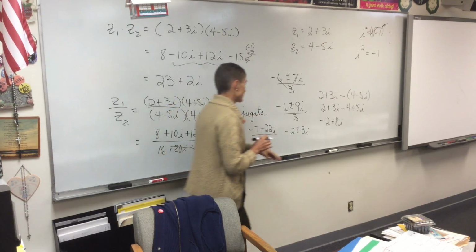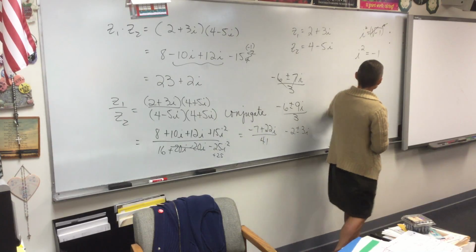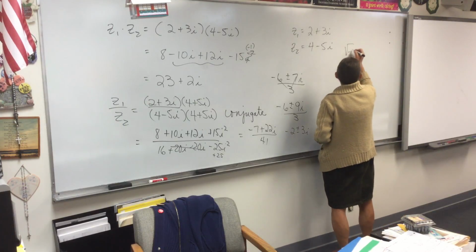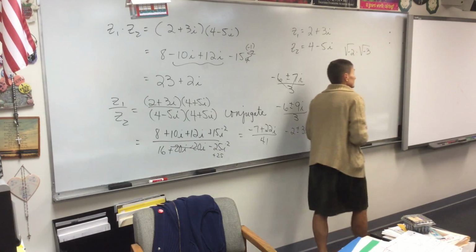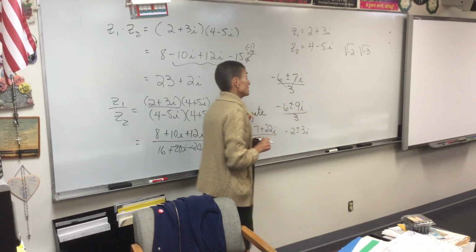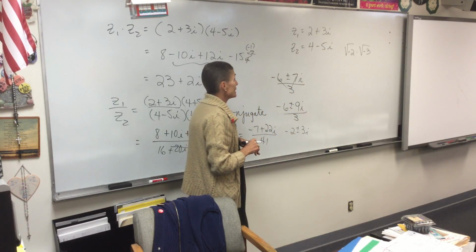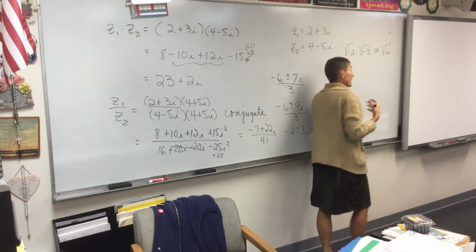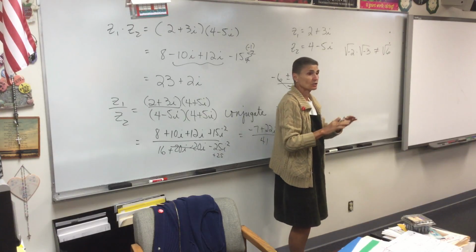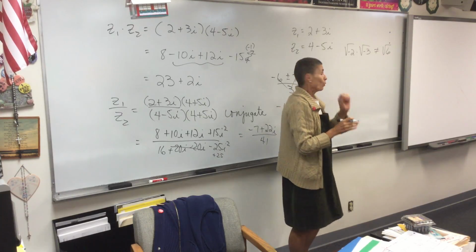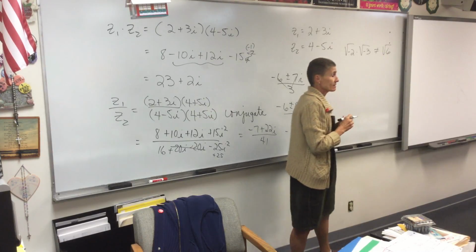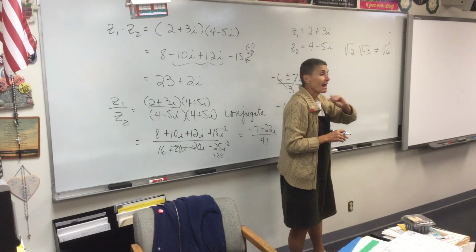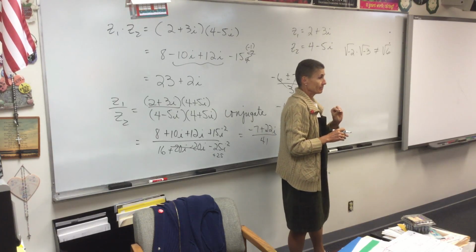Two other little tidbits to throw in, both of which you're probably familiar with, but I just want to double check. One is, if you are asked to multiply two radicals together, do not say this is the square root of 6. I understand what you're doing, it makes sense, it's logical, but it doesn't work. With negative radicands, this number under the radical is called the radicand, step 1 has to be take out the i.